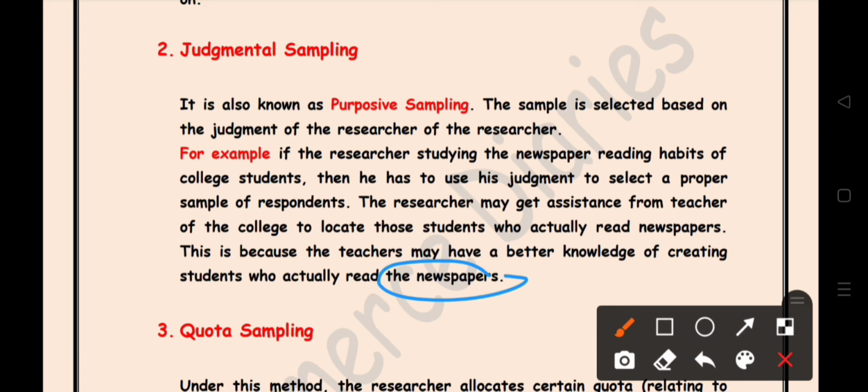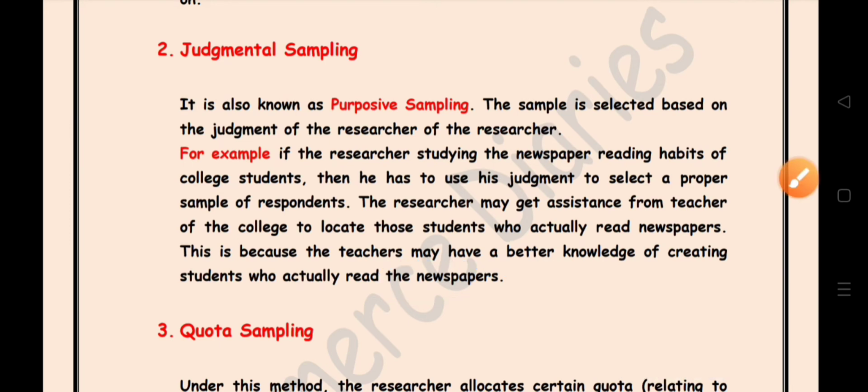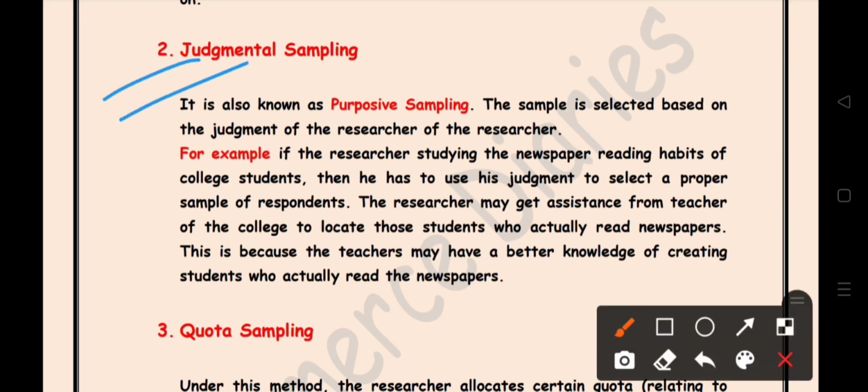On the basis of the researcher's judgment and that teacher who already knows the students, they both will judge the reading habit of the students, and on that basis and judgment they will select their sample. So this was about the judgmental sampling.